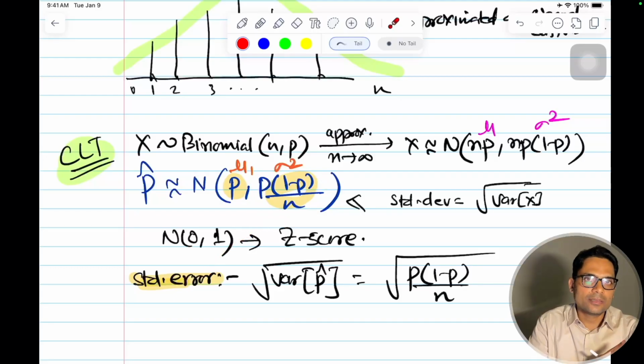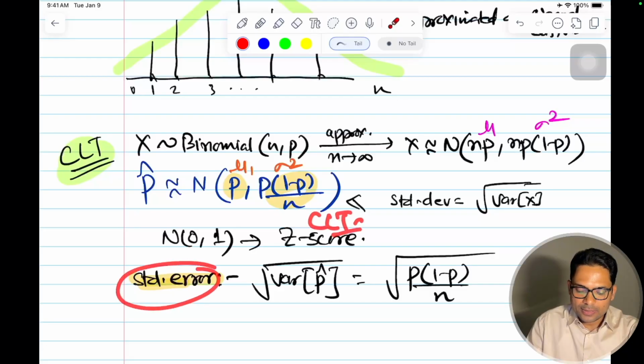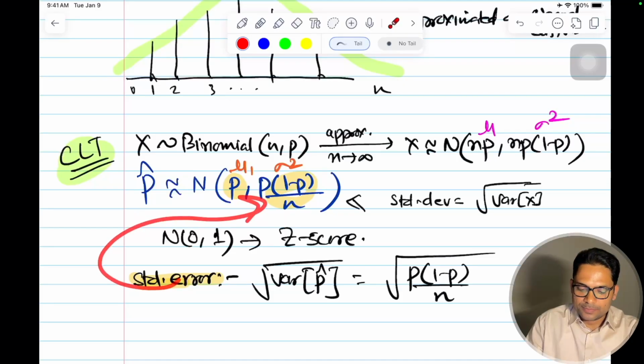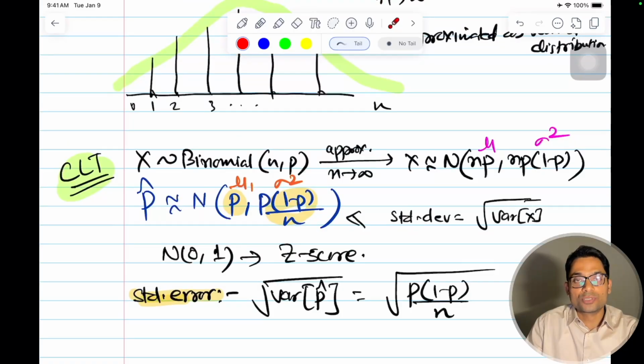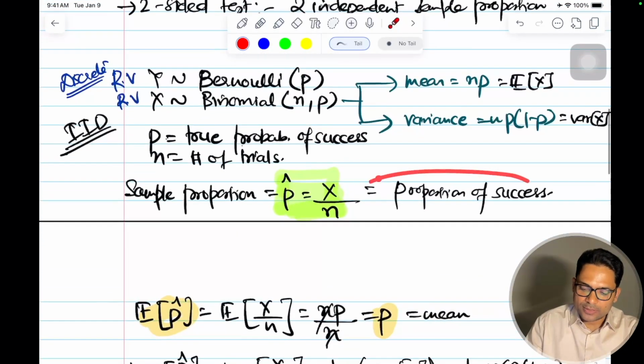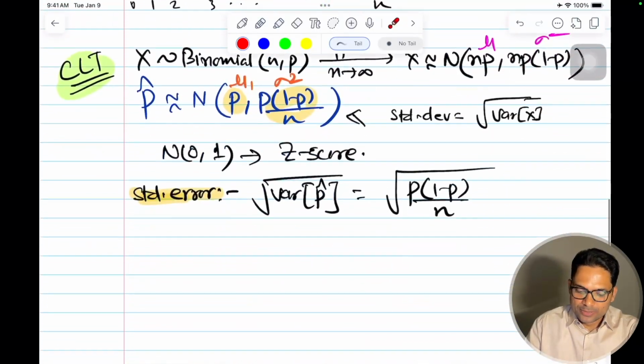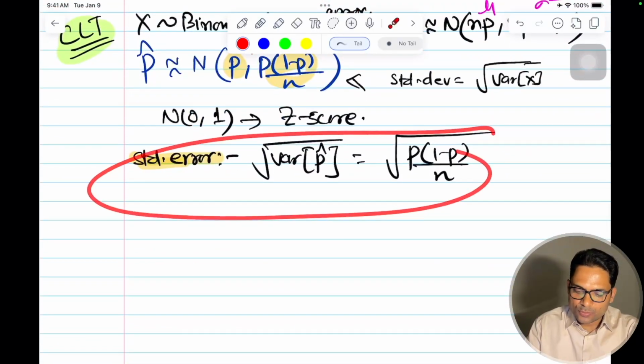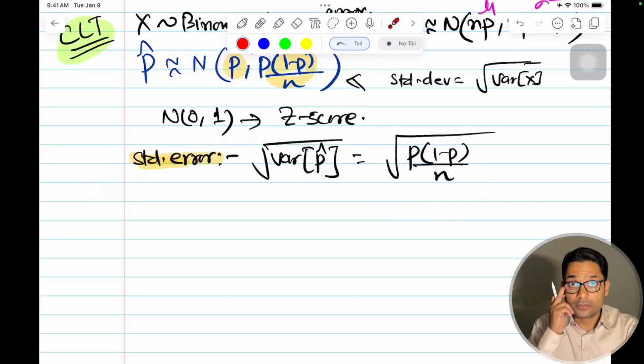That was the mean in the central limit theorem example, and here, for proportions, this is the success rate, the rate or proportion of success. I hope this is clear. This is the standard error, just the square root of the variance.